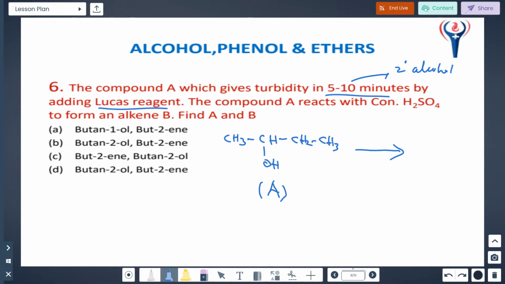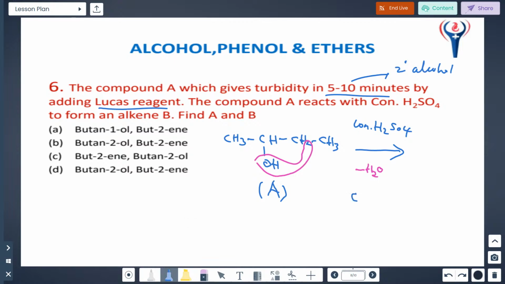Then A reacts with concentrated sulfuric acid. What is the role of concentrated sulfuric acid? It is a very good dehydrating agent that will remove a water molecule. So what happens when you add this reagent? The OH takes a hydrogen from here, and H2O will be removed. The double bond will come in between this and this. So what's the product?